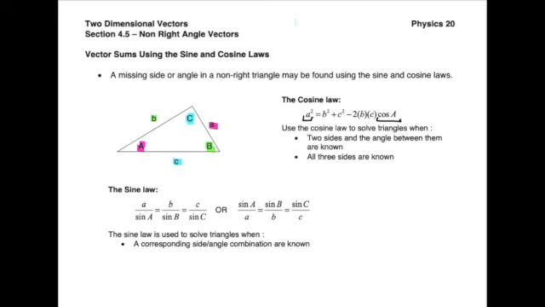For the sine law, what you're looking for is a corresponding side and angle known. So if I know, say, angle C and side C, and then one other piece of information, I can use the sine law. So two sides and an angle gives you cosine law, and then the side-angle combination, that's going to be sine law. Generally speaking, though, for our problems, cosine law will solve for a missing side length, and sine law will solve for a missing angle.